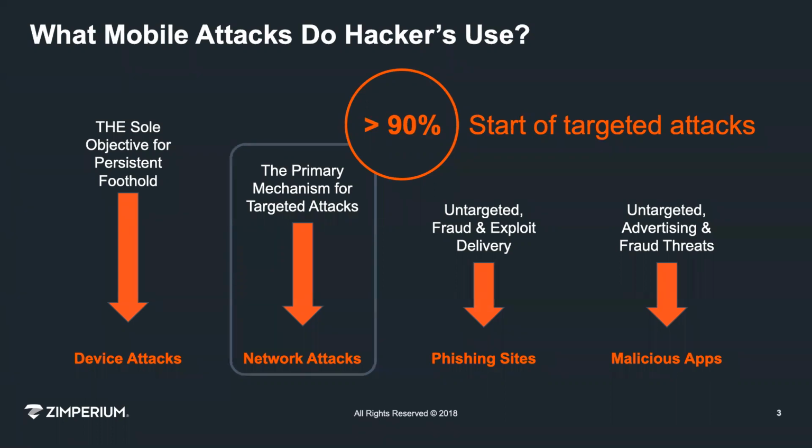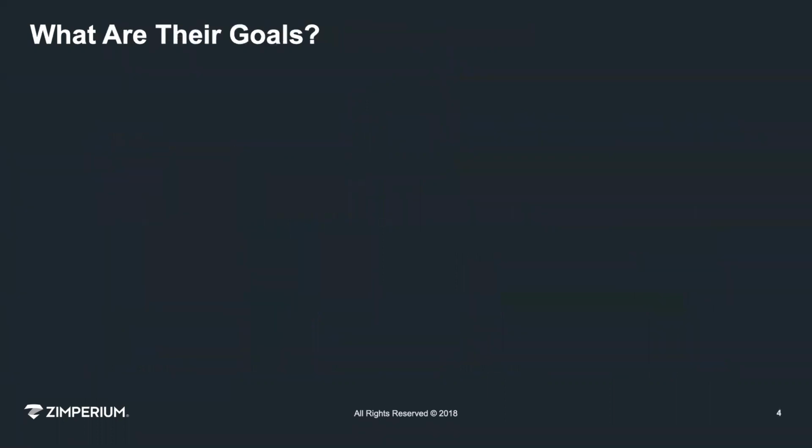So why is this important? As an attacker, by targeting the network, I get the ability to pivot and maybe put a malicious app onto the device, a malicious profile, or do a browser-based attack, with the ultimate goal of gaining some sort of persistence on the device and compromising it.